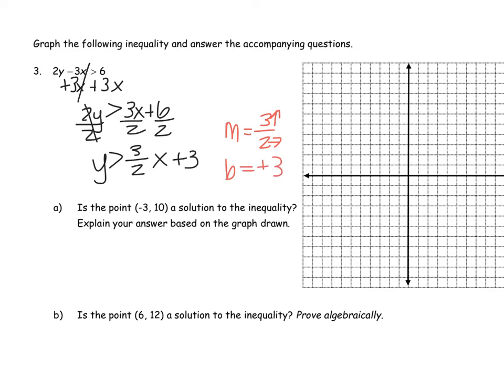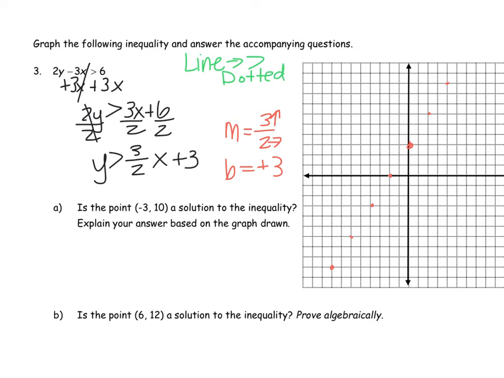So when we're graphing that, we start up here, and we're just going to make the points only for now. Remember, we either have a dotted or a solid line. We don't know yet. All right, so the line type, since it is greater than, it's going to be dotted.